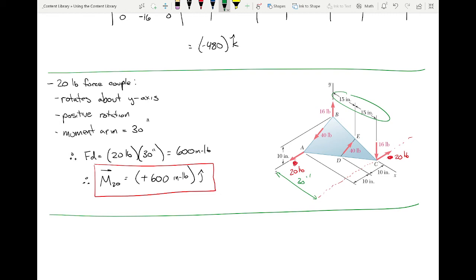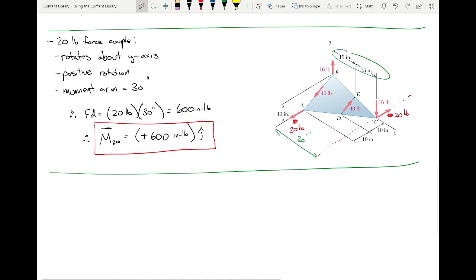So I would just trust R cross F. Just let R cross F do the work for us and figure out the components along each axis, okay? Don't try to do that in your head. I don't think I could do it in my head without doing R cross F. So for the 40-pound force couple, let's use R cross F.